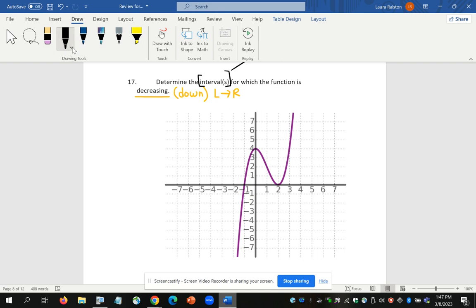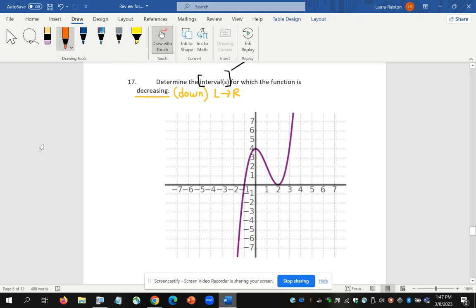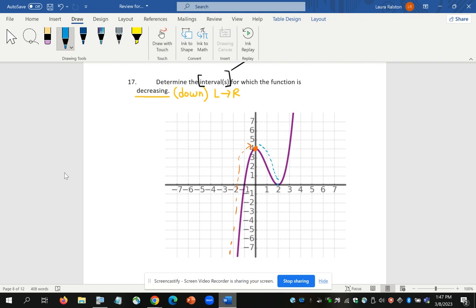So if I start thinking about this graph, I'm moving along, and it looks like I'm going up, which would be increasing. And when I get to this point right here at the top of the hill, then it appears that visually I'm going to go down until I hit the bottom.